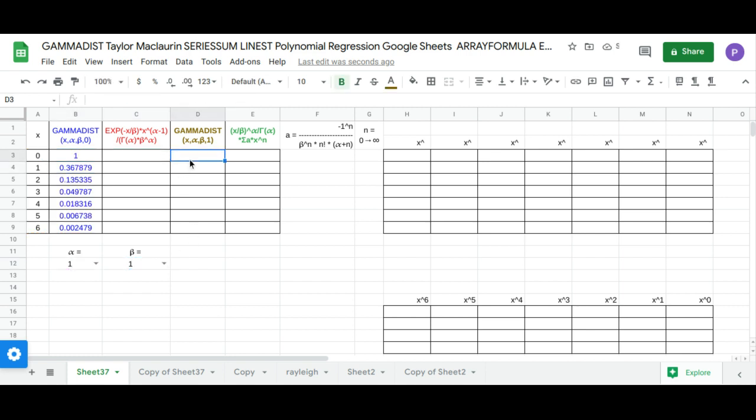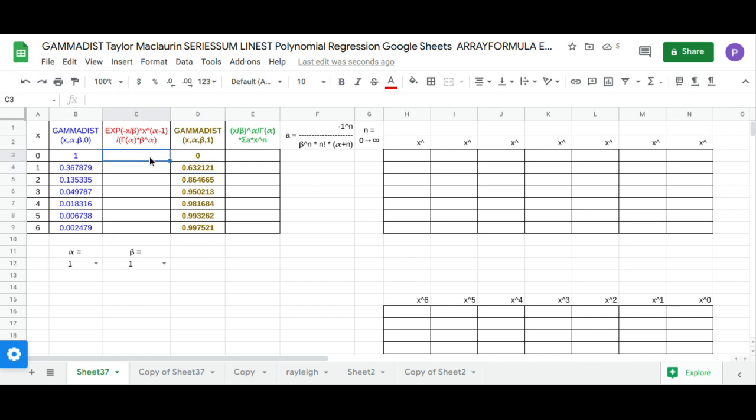Likewise, for the cumulative distribution function, array formula, GAMMADIST of the x values, where this is our alpha and this is our beta, and 1 because this is the cumulative distribution function.